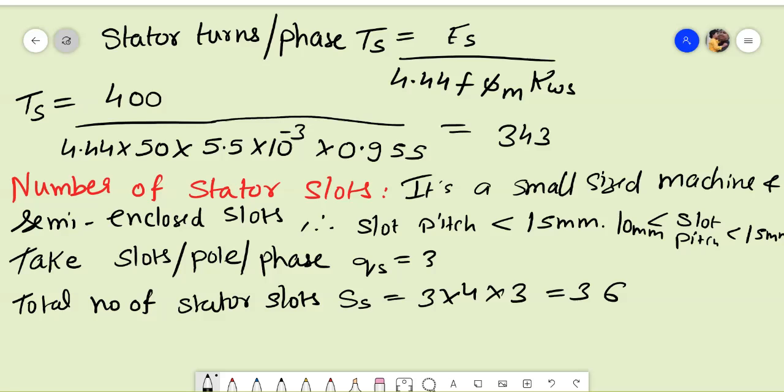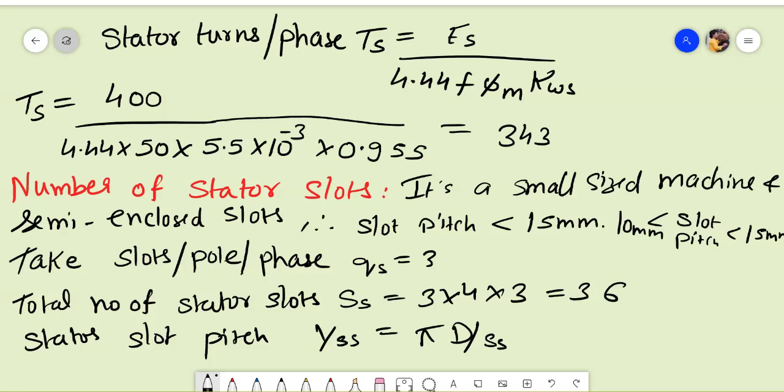Okay. And then we can also write that stator slot pitch, given by YSS, is equal to pi times diameter divided by SS, the number of stator slots. That will be equal to pi times 0.12, the diameter, divided by 36.